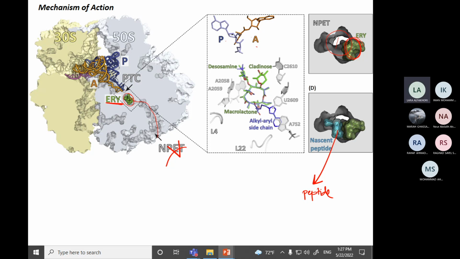Yeah, this is the peptide. This is the nascent peptide that is being synthesized. Okay, erythromycin binds at a site very close to them. So بيكون كمان very close to where the transfer RNA is.